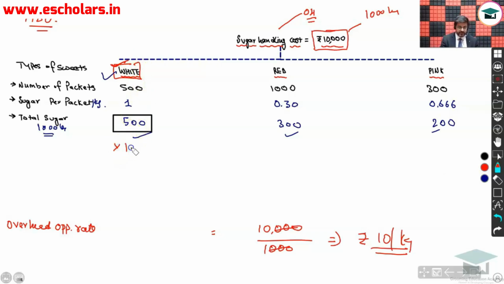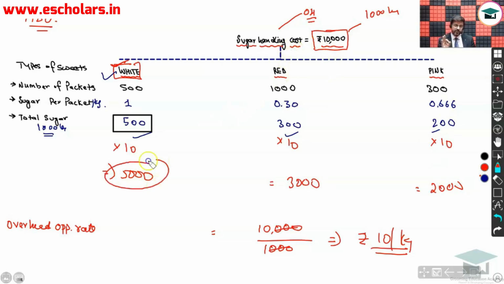Sir, 500 into 10, that is rupees 5,000. Here 300 into 10, that is rupees 3,000. 200 into 10, that is rupees 2,000. So out of 10,000 rupees of sugar handling cost, 5,000 will be absorbed over white, 3,000 on red and 2,000 on pink.